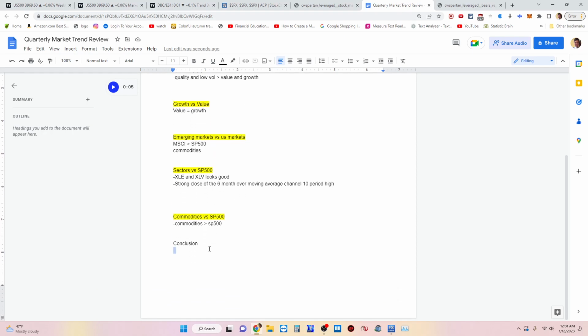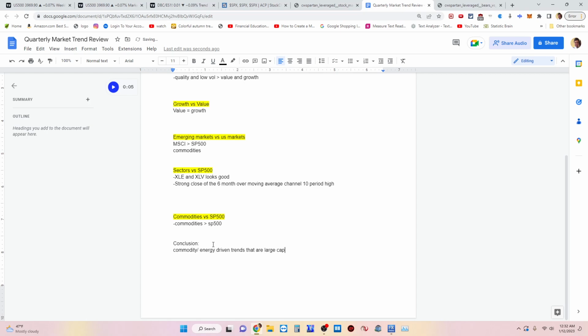So that's the conclusion of the trends. These are just the macro trends, but it's largely commodity and energy driven trends that are large cap.